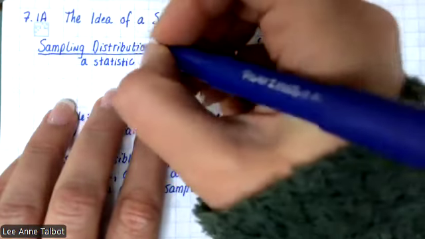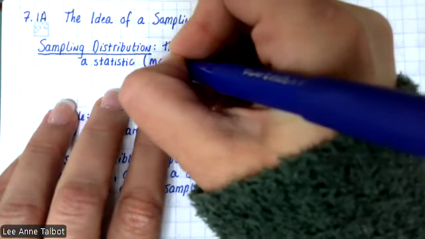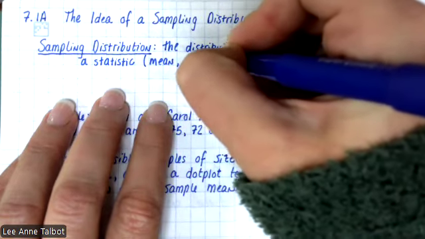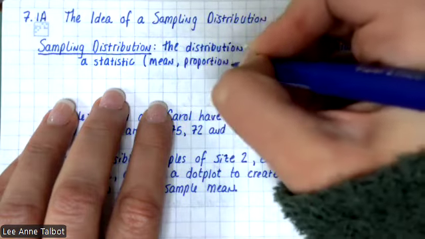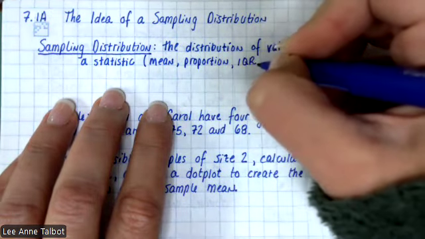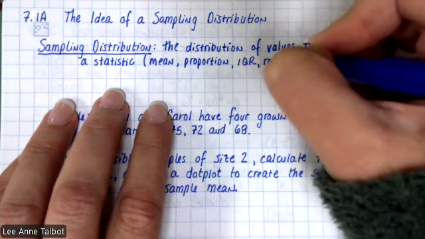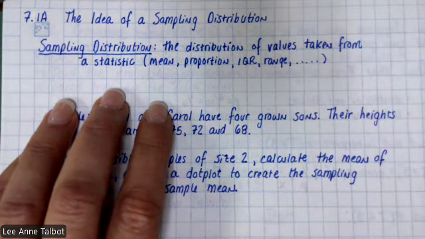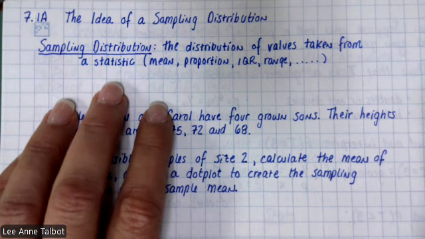So something like mean, proportion, IQR, range, many possibilities there for statistics.